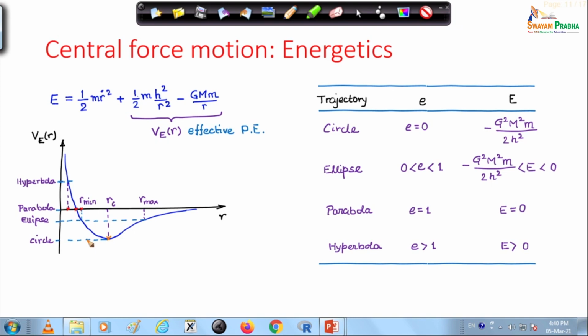If there is no change in radial coordinate, this is the energy on a circular path, where r is to be replaced by the radius of the circular path. In a circular path, r dot, remember, is 0, therefore the energy is only the effective potential energy with r replaced by the radius of the circle.